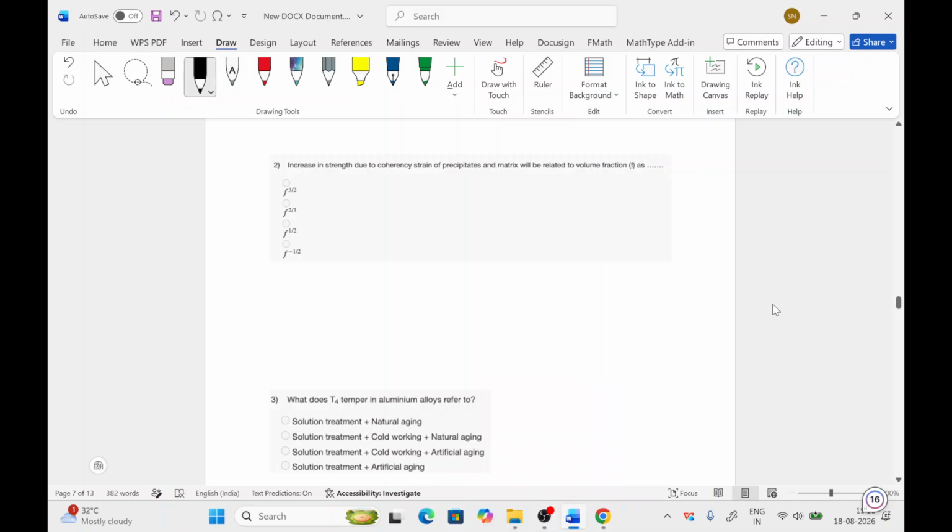So for coherency strain, the delta sigma is written as 6G (r/b)^(1/2) f^(1/2) epsilon^(3/2). So f is the fraction of precipitates, so it is 1 by 2. So the correct option is C.